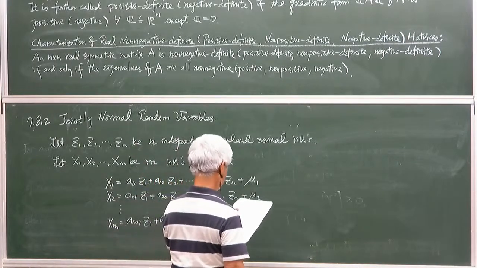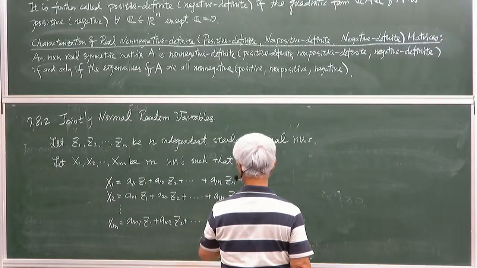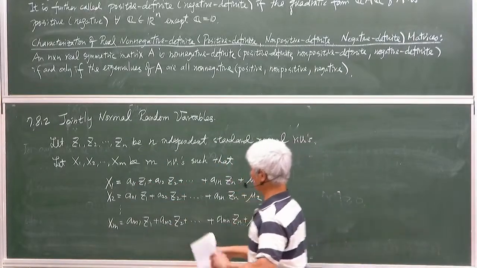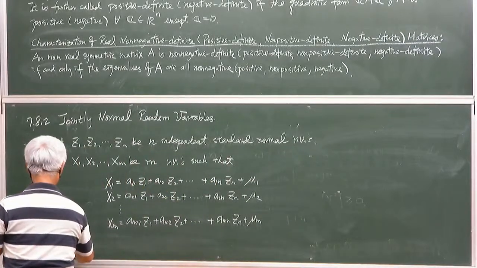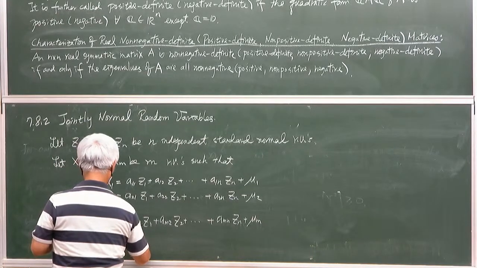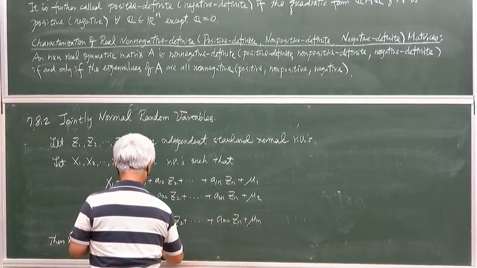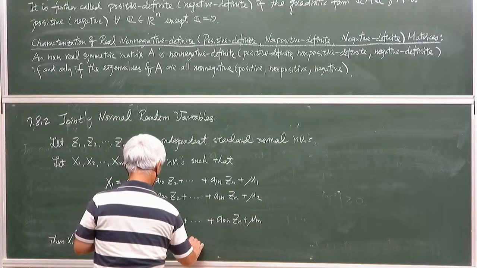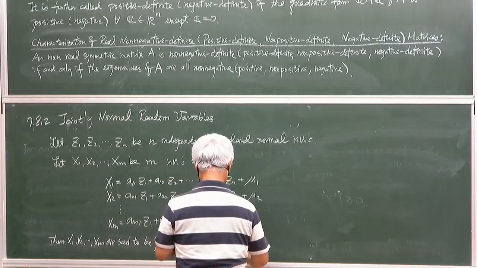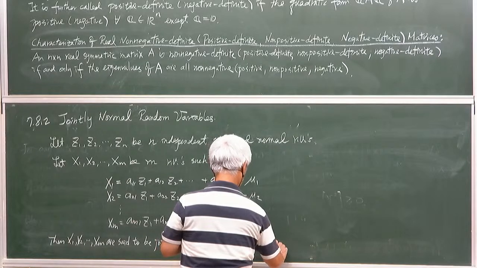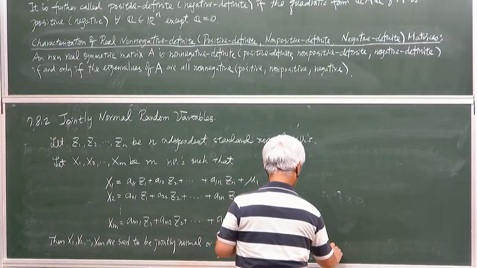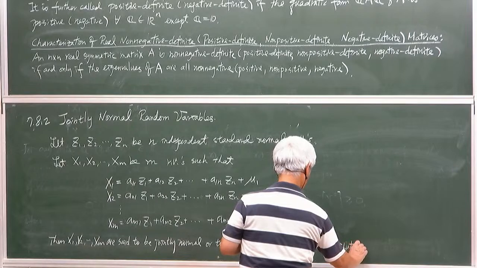If these random variables are obtained in this way, then x1, x2 up to xm are said to be jointly normal or to have a multivariate normal distribution.